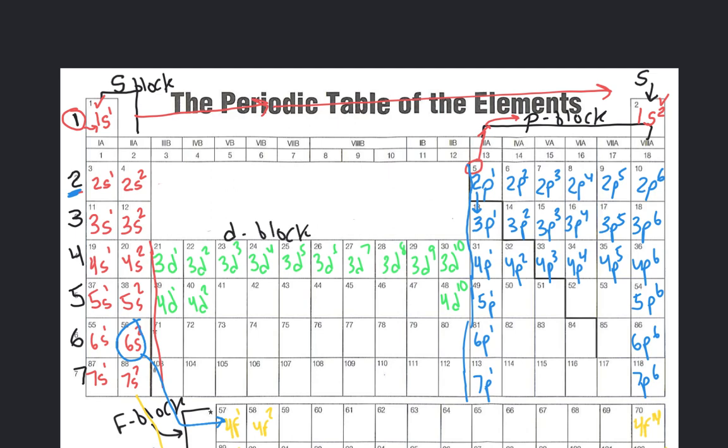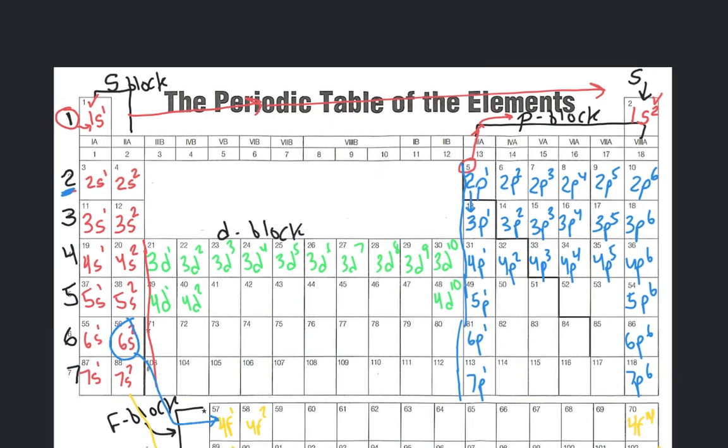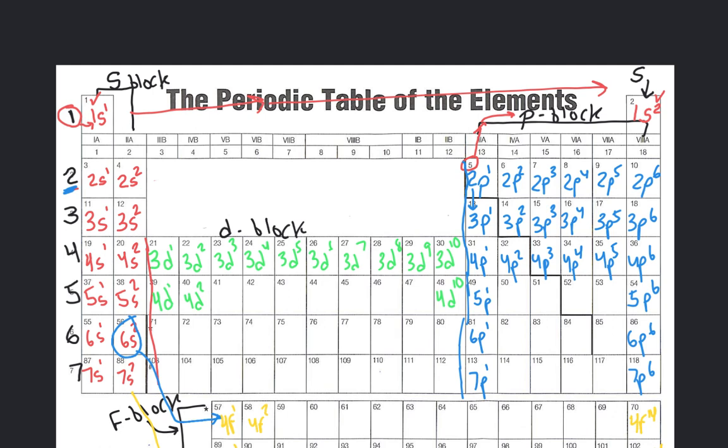So then let's take a look at this in terms of our count. So the S, the P, the D, and the F. The S sublevel can hold 2 electrons.